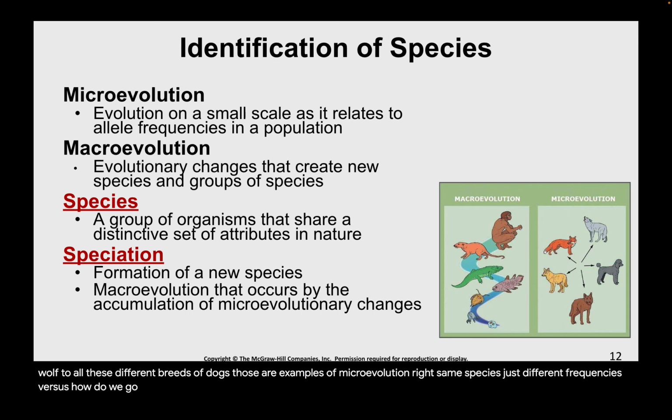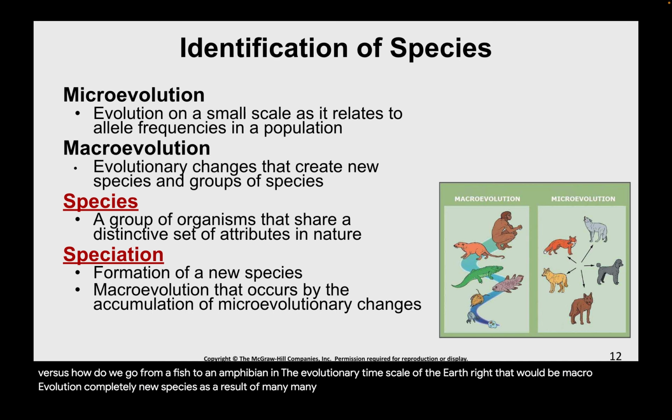Versus how do we go from a fish to an amphibian in the evolutionary time scale of the Earth? That would be macroevolution. A completely new species has arisen as a result of many, many, many microevolutionary changes. So microevolution is a change in allele frequencies.